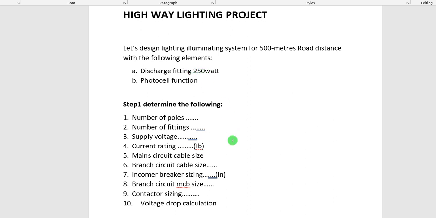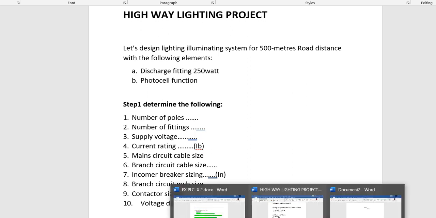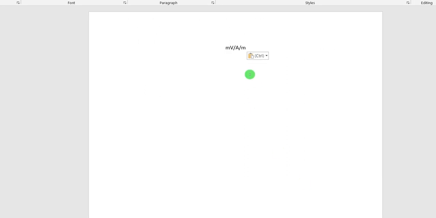From one pole to another, we're going to choose a 25-meter distance. And we have agreed that we're going to use two fittings for each pole. So in that case, let's get a calculator and put up the number of poles here.